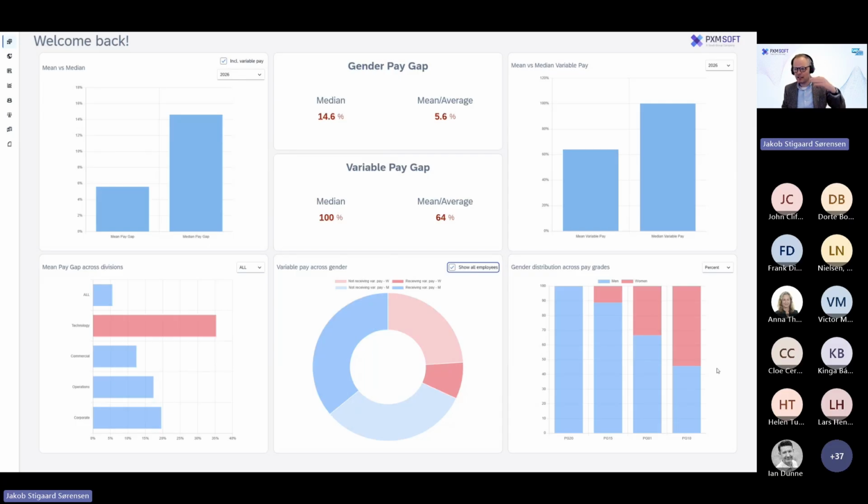So pay grades aligned with your job band structures. As said, we just latch on to the underlying system that you have. So depending on you running Korn Ferry, Mercer, whatever schema that you might be running, the system just aligns with that.